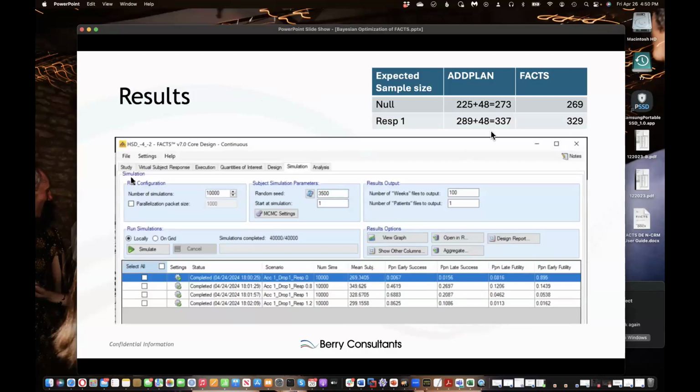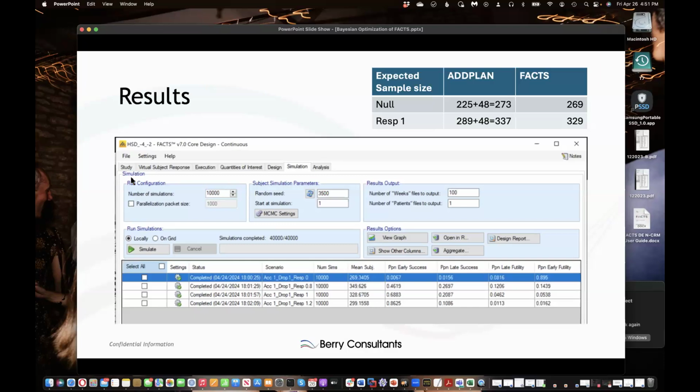And so comparing that to our plan, initially it looks like the FACTS simulations have given us quite significantly larger expected sample sizes. Under the null, it's 269 instead of 225, and 329 instead of 289. But that's because our plan is not including what in some places is called the overrun, the subjects who've been enrolled but not completed.